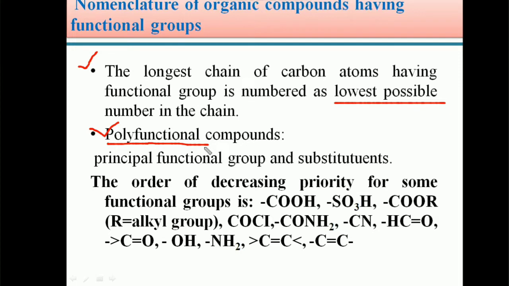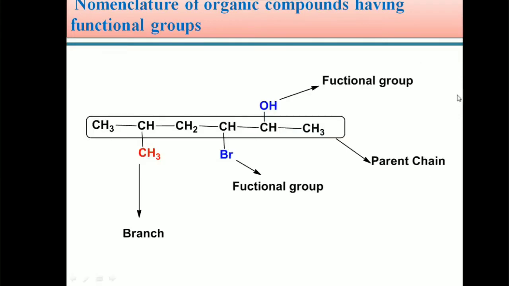In that type of organic compound, we should first decide which is the principal functional group and which one is a substituent. For example, in the previous example we can see one more time in this slide.